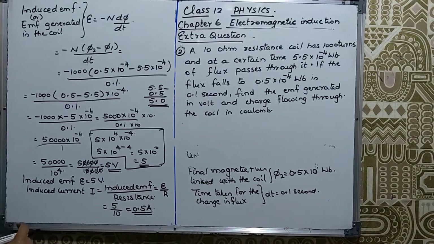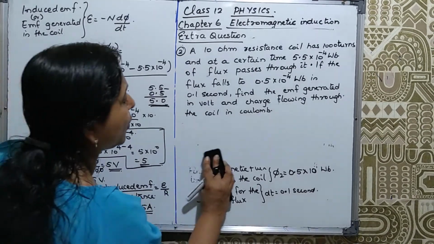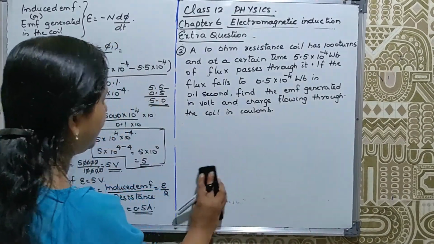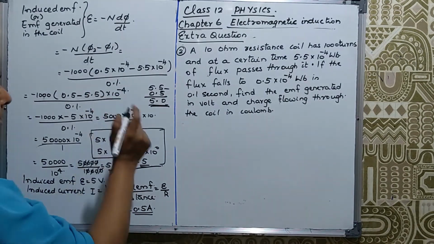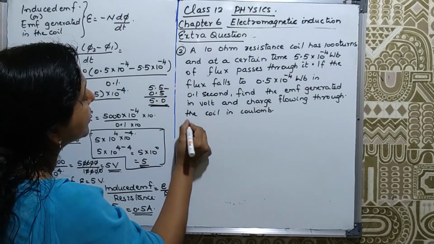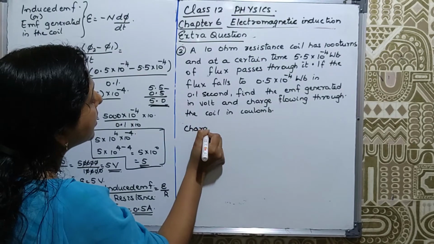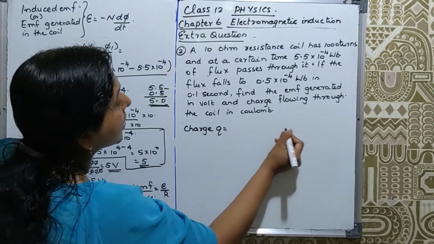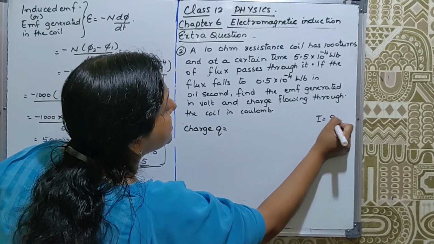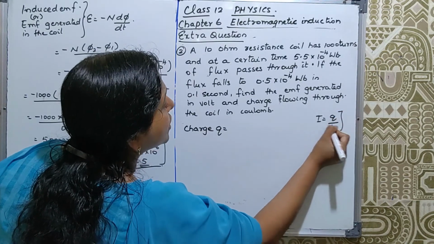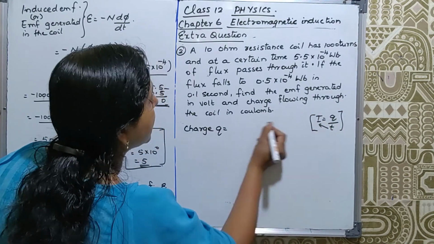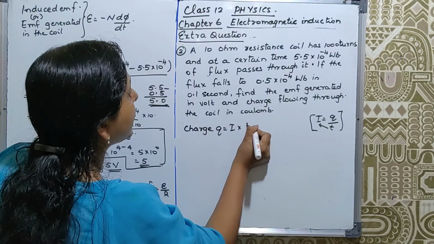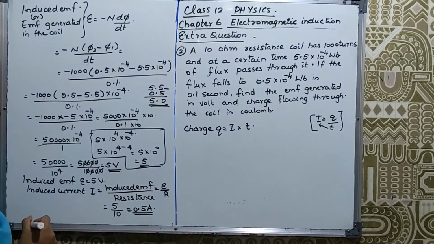Now they told you to calculate the charge flowing through the coil in coulomb. Now charge Q, charge flowing through the coil. Current I equal to Q by T, so charge Q will be equal to I into T, that means current into time taken.